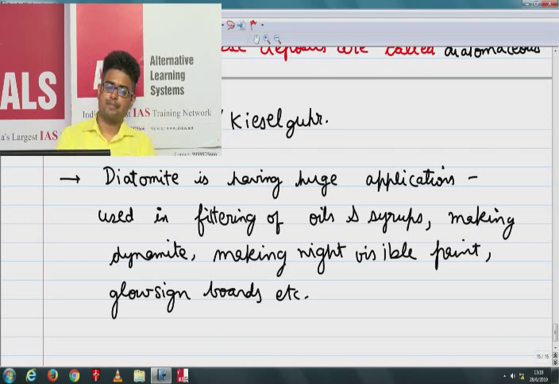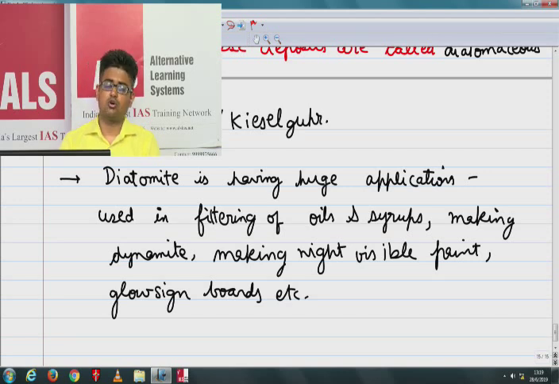All right. Also, if diatomaceous earth deposit is found somewhere, there is a huge chance that petroleum might be discovered nearby. So, I'll keep it simple.